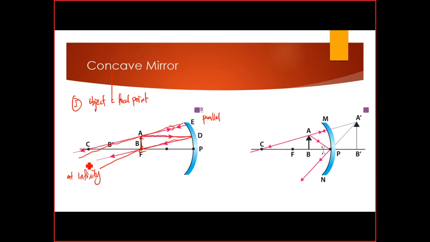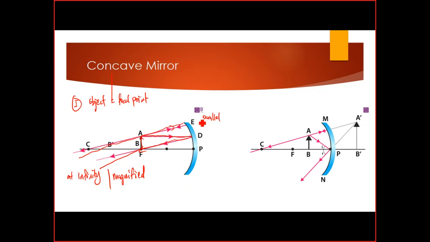And you can imagine that the image is going to be magnified very, very much, because the light ray needs to travel quite a long path, so it's going to be magnified. This is the only characteristic that I can think of.